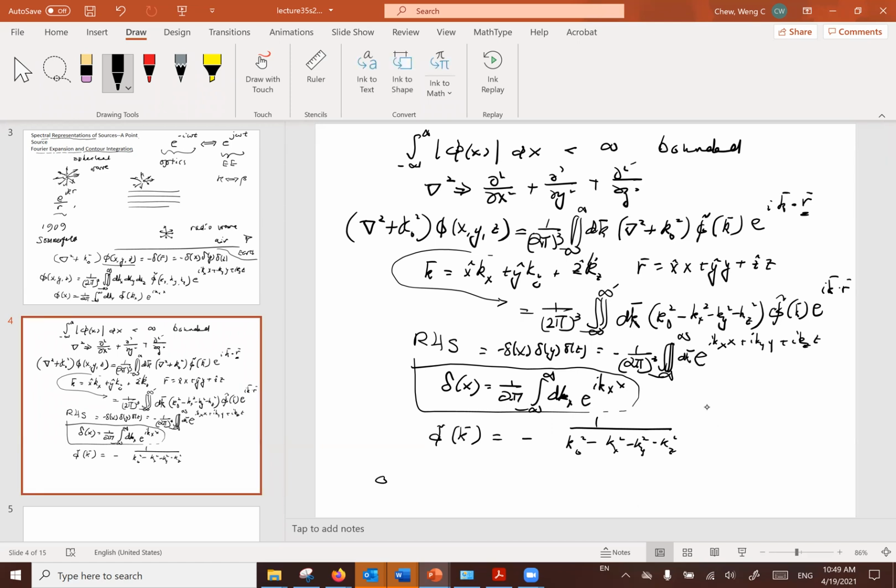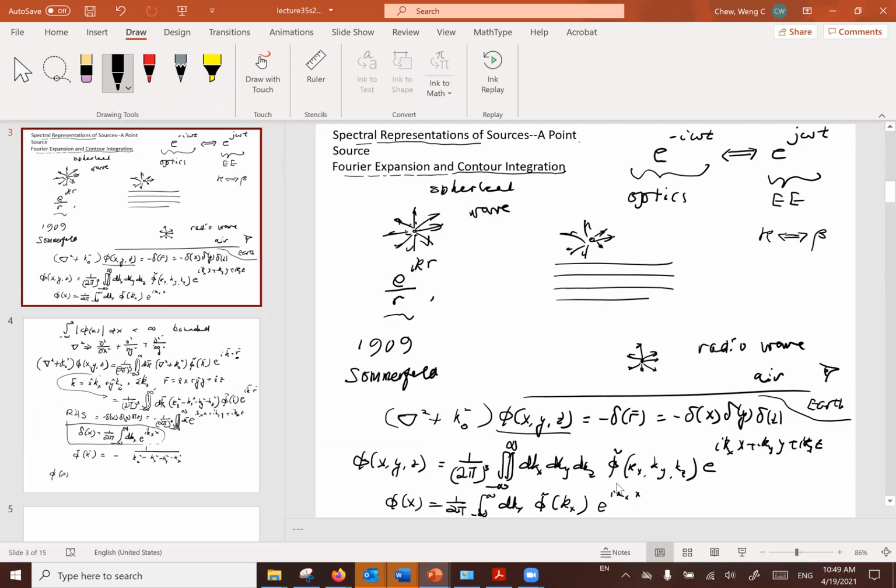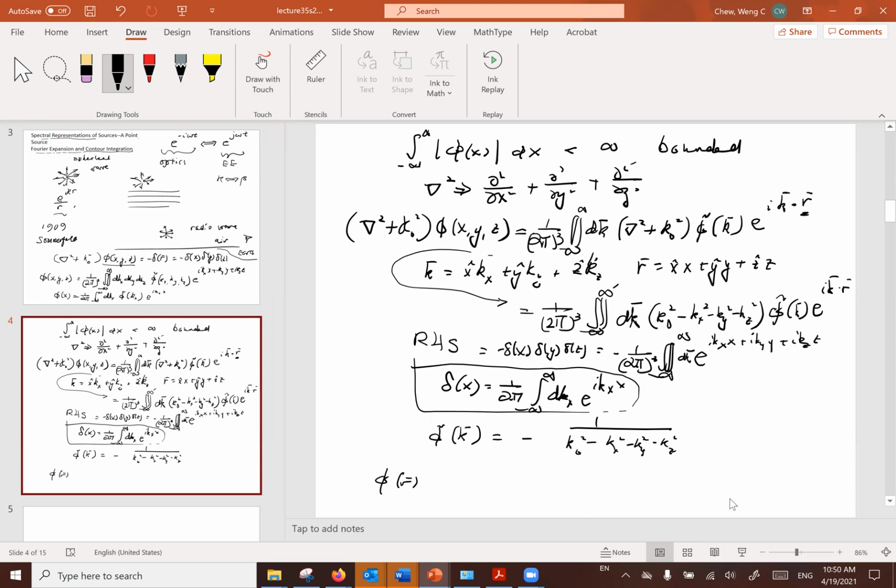And then after that, we can say that phi of r, which is this expression over here, using the expression that I have in the previous slide, this thing has been found. So I can write this phi as being equal to 1 over 2 pi cubed.